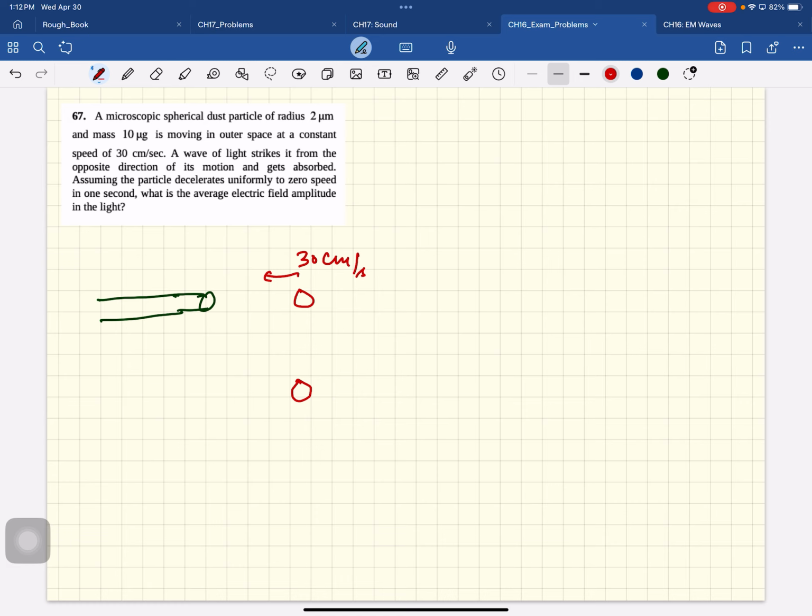So let's find the acceleration of the dust particle. The acceleration was delta V by T, and its speed changed by 30 centimeters, 0.3 meters, in 1 second.